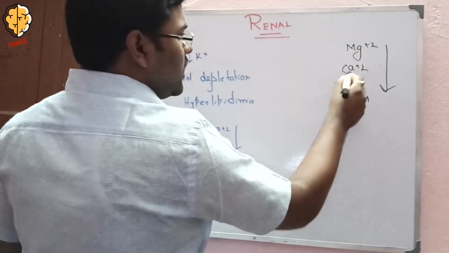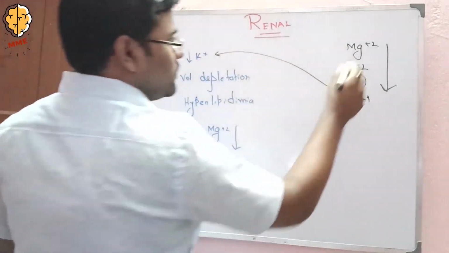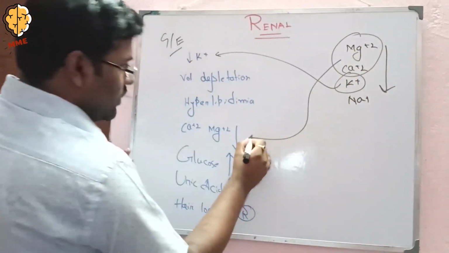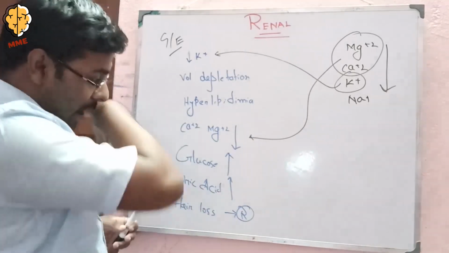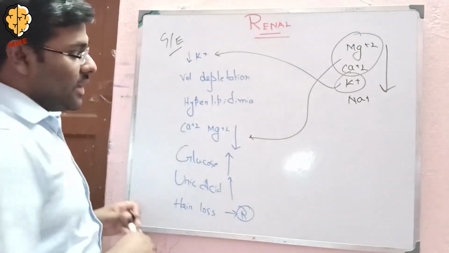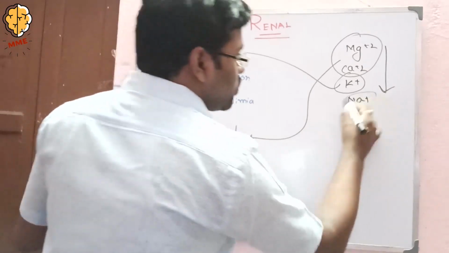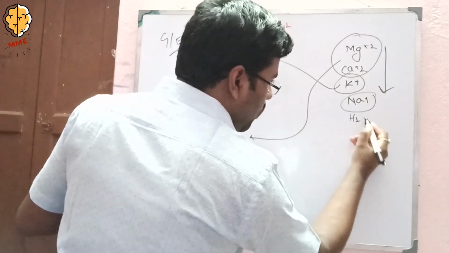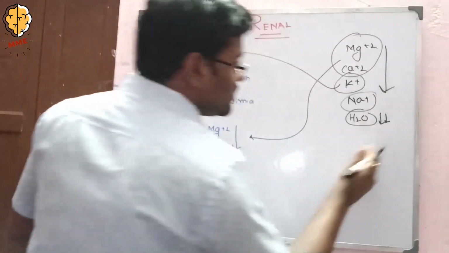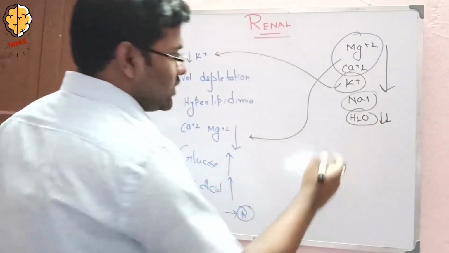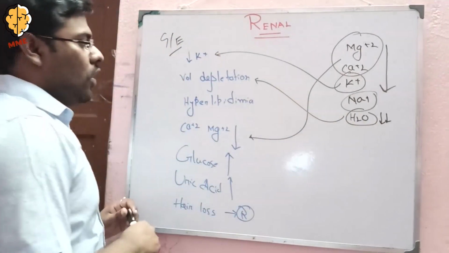So the side effects are hypokalemia, hypocalcemia, hypomagnesemia. Okay, if the sodium is decreased, then the water is also decreased because the GFR is increased and urine outflow is high, so there is volume depletion.